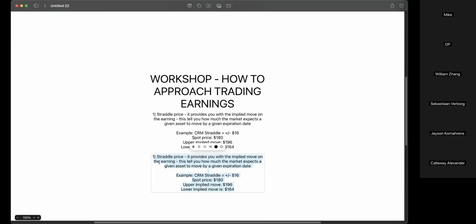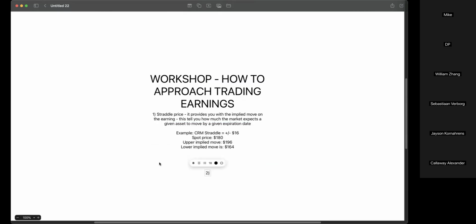So the next thing is directional bias. Are we bullish or bearish or neutral? In this case, I'm more inclined to go against the trend essentially right now and say I'm bullish, just for argument's sake.